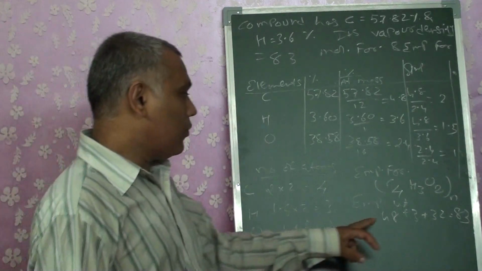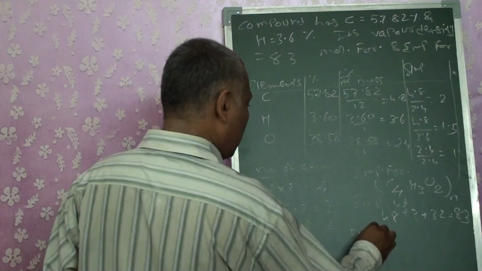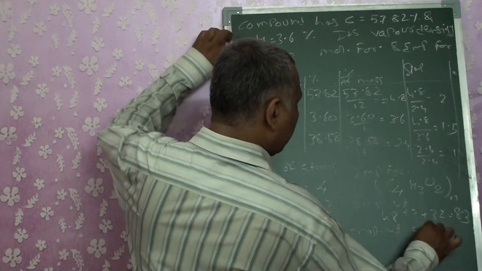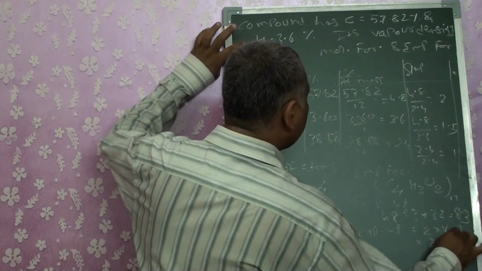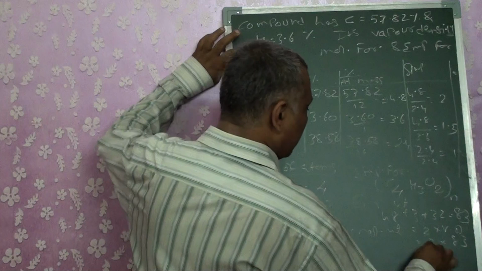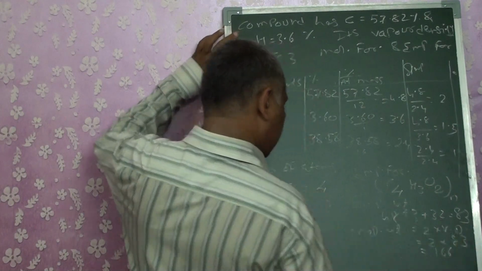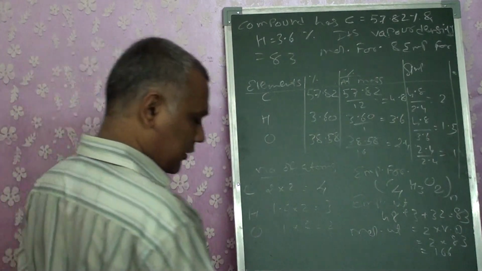Okay. Now we got the empirical weight. Now let us find out the molecular weight. Molecular weight is equal to twice the vapor density. Vapor density is given to us as 83. So we are going to get 166. We got the molecular weight as 166.